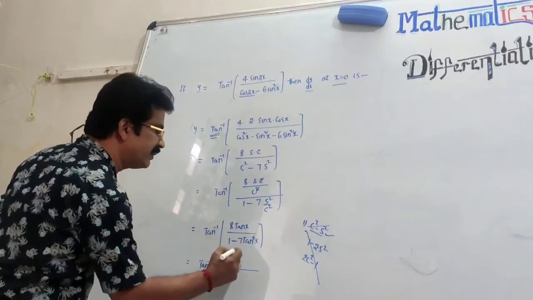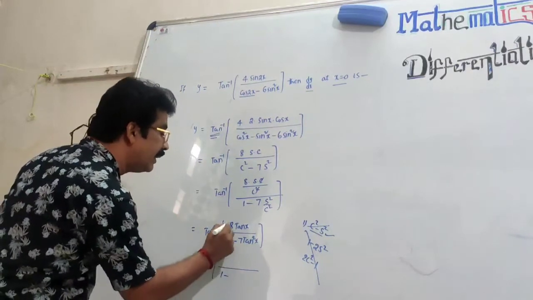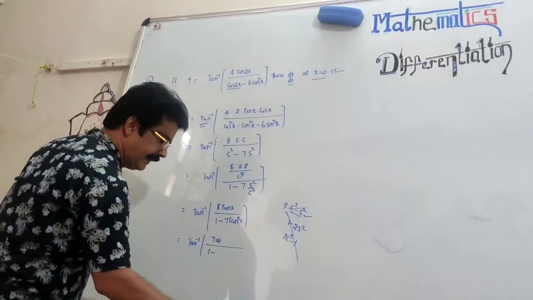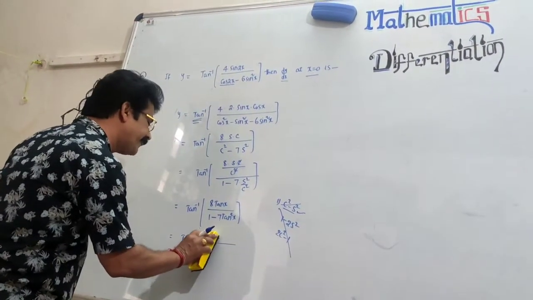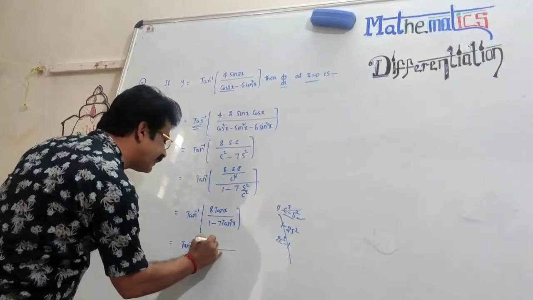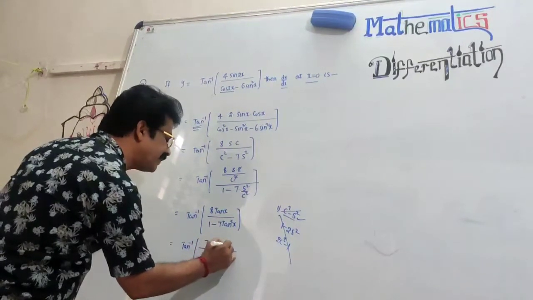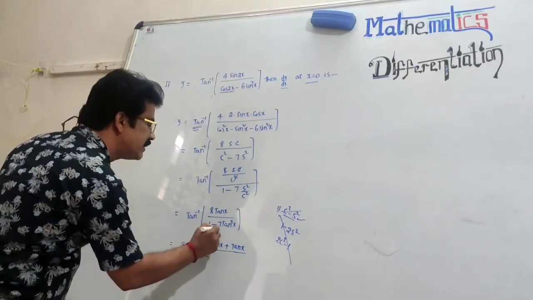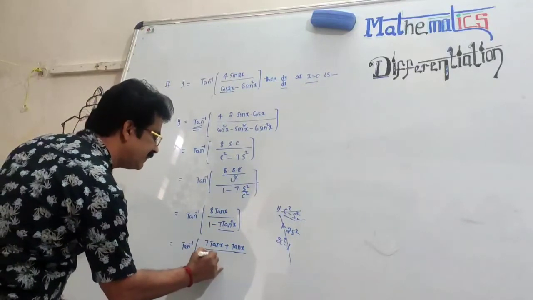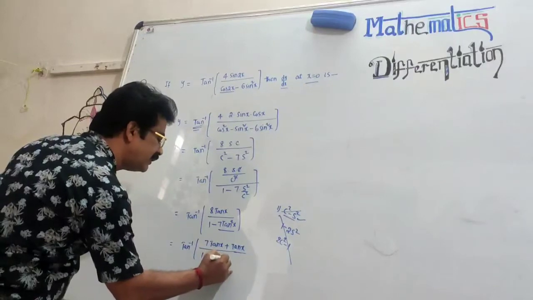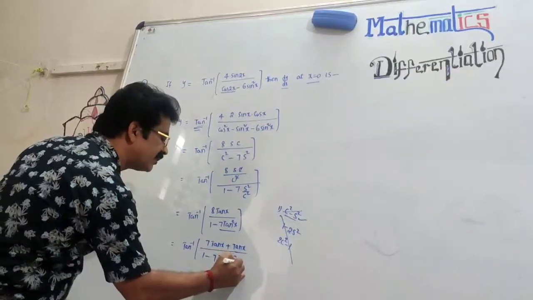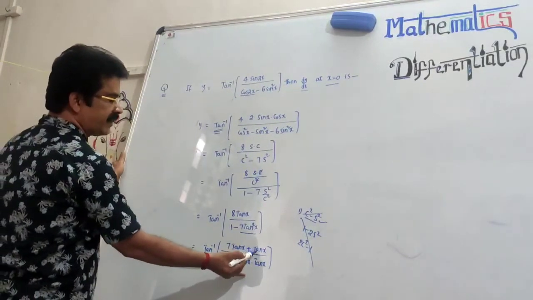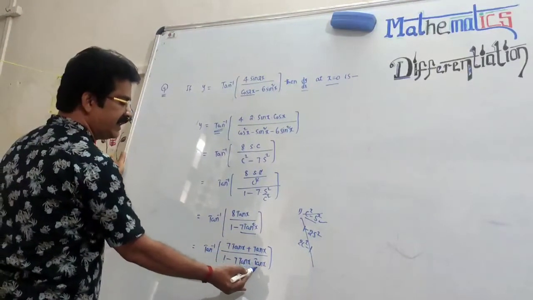It is 1 minus tan a tan b, means first 8 tan x can be written as 7 tan x plus another tan x, right, minus this 7 tan square x can be 7 tan x into tan x, just like that. Okay, now it is in the form of tan a plus tan b by 1 minus tan a tan b.